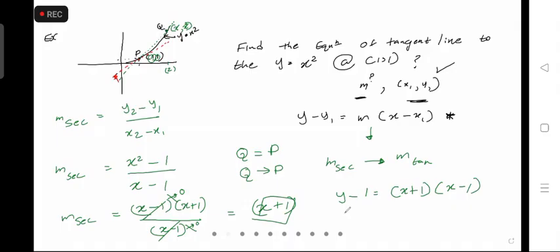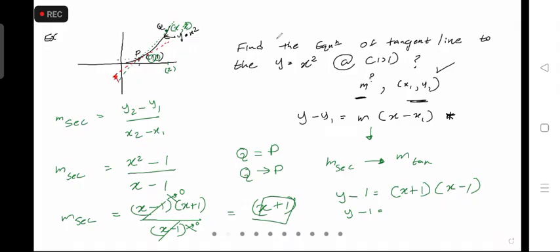Okay, you can simplify this. You can simplify this, right? This way, you can write down the equation for the tangent. So you have to do a little bit more, right?